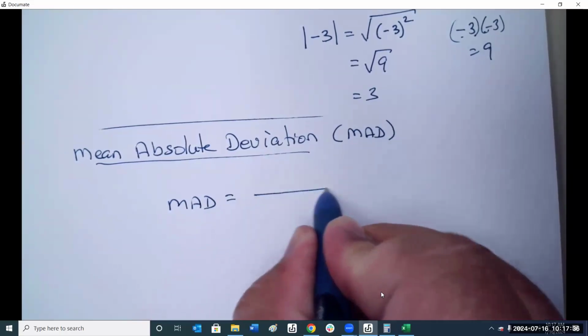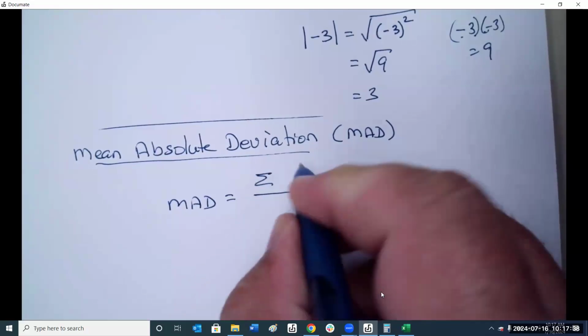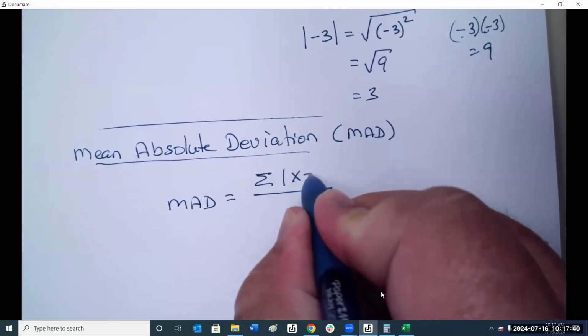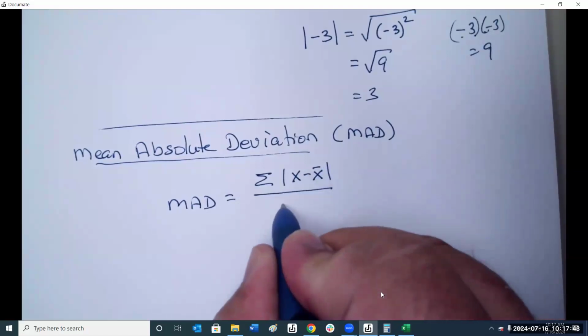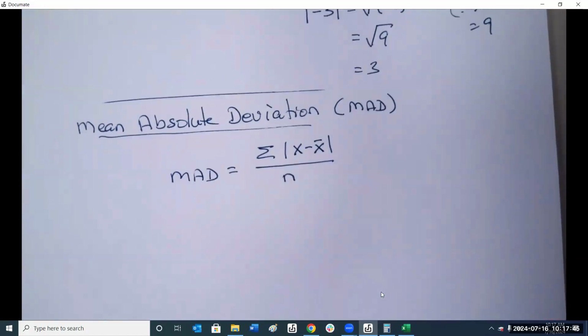is equal to the summation of all of our X minus X bars over N. Notice it's not the same as we earlier had.